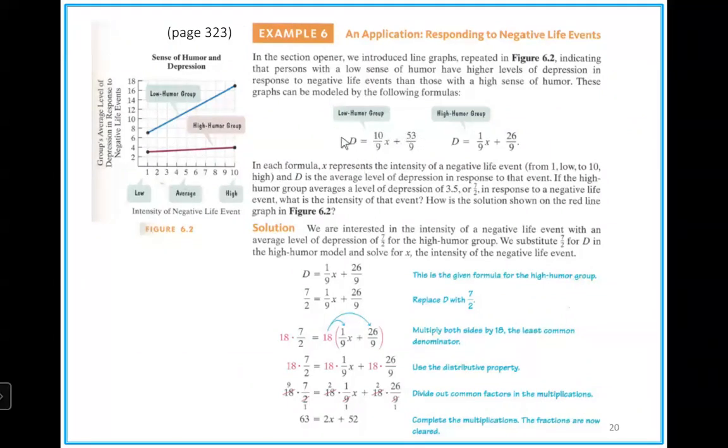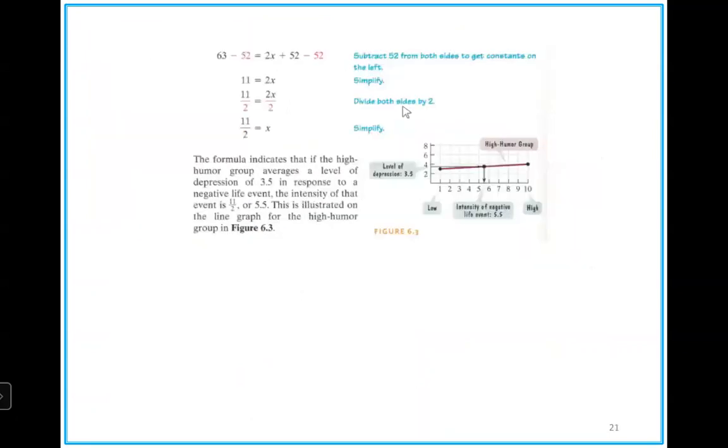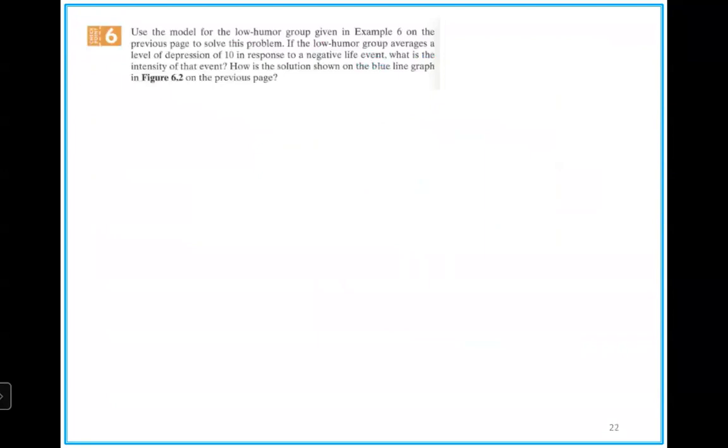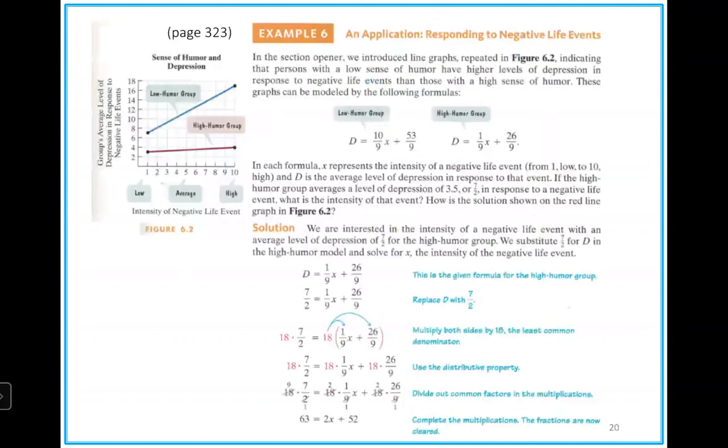I'm going to leave you to do that for a minute or so, at least start the process. So we're using the low humor group formula to work out what the intensity of the life event should be if the level of depression is 10.